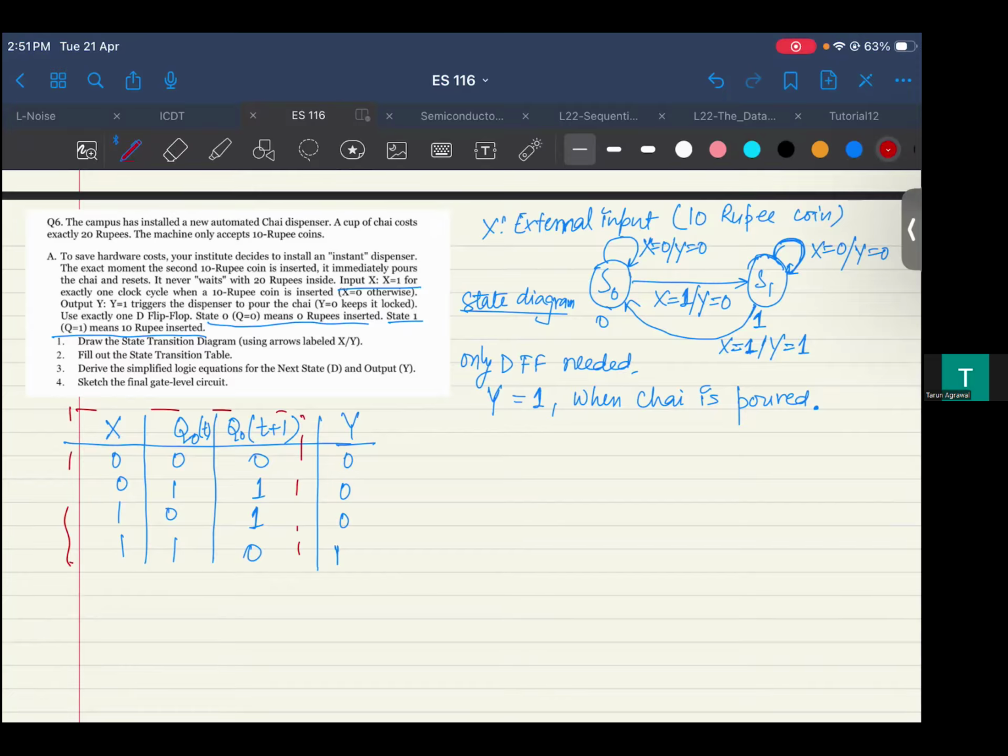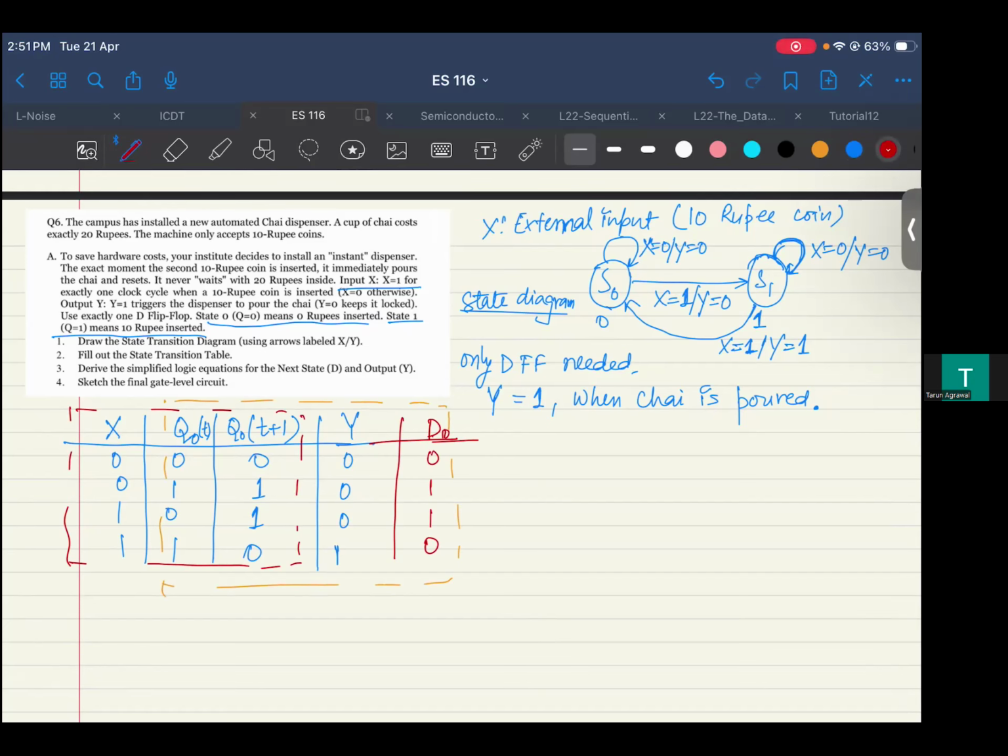One can make. Now, once you have made a state table, the next step would obviously be to make a D input or excitation table. So based on these two states, you are going to make an excitation table. In the excitation table, you just copy Q(t+1), that is your D naught.